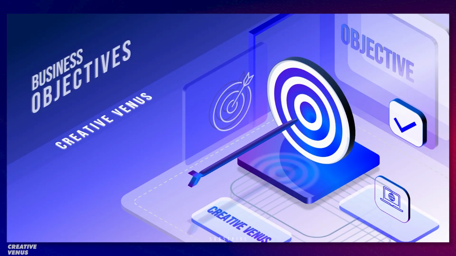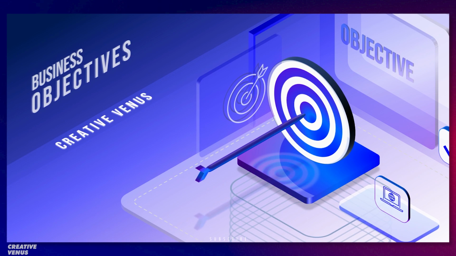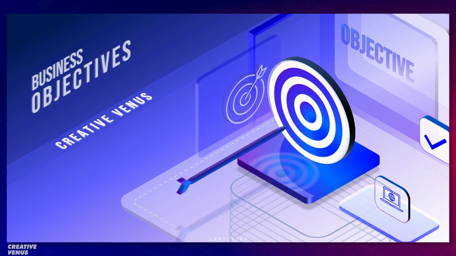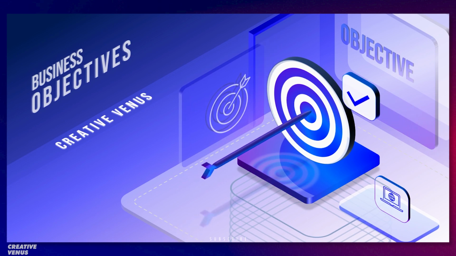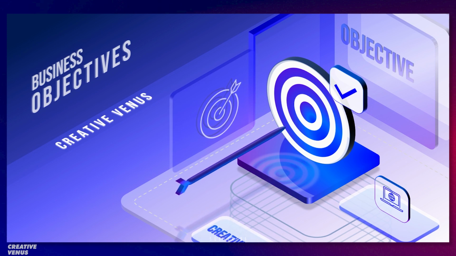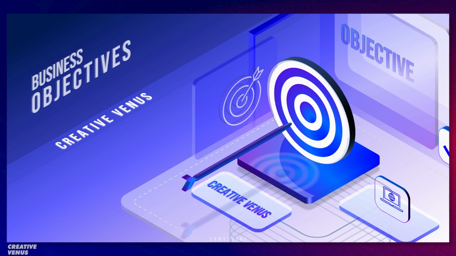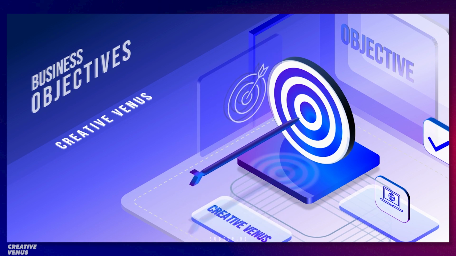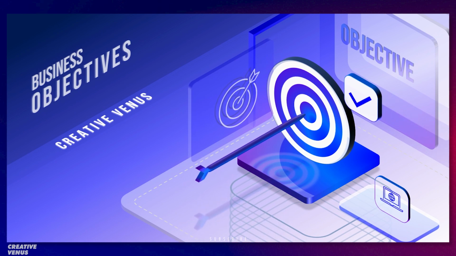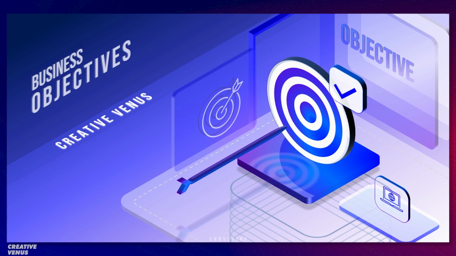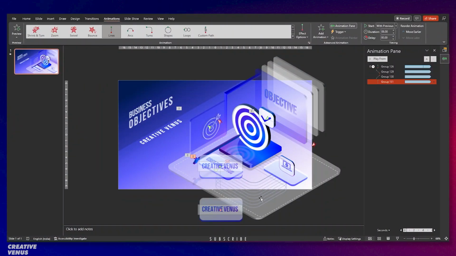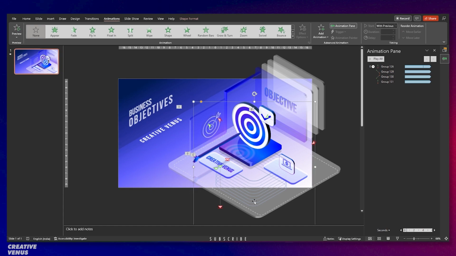And you can see all the items are animating and it looks really beautiful. And this is how we will animate the base and the icon on the left as well. The steps are same.